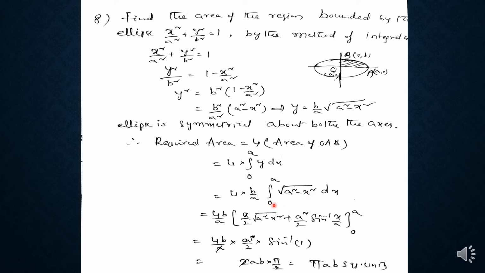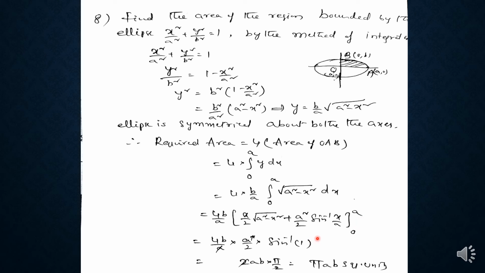So here we have the formula from 9th standard integrals: integral root of a square minus x square is equal to x by 2 into root of a square minus x square plus a square by 2 into sine inverse x by a. So this can be written as 4b by a into x by 2 root of a square minus x square plus a square by 2 sine inverse x by a, from 0 to a.